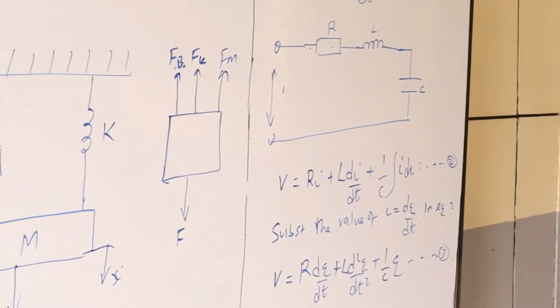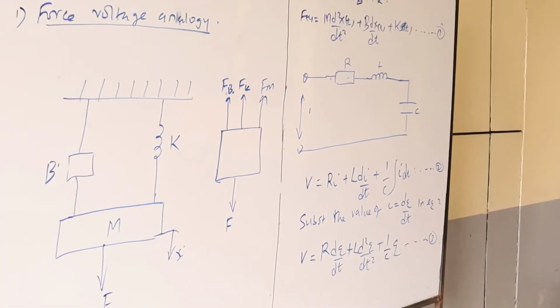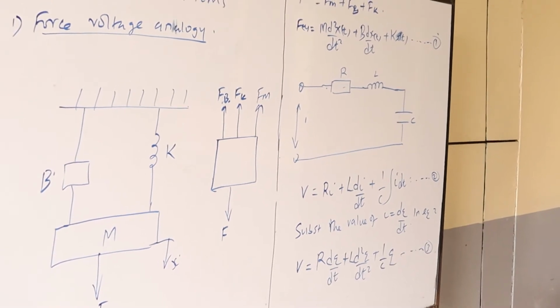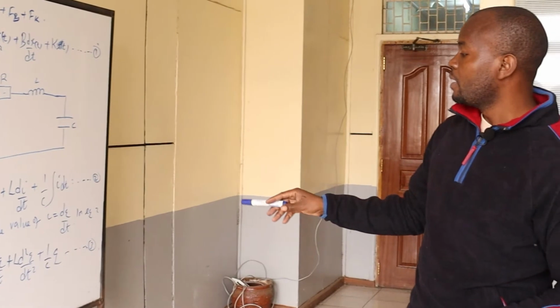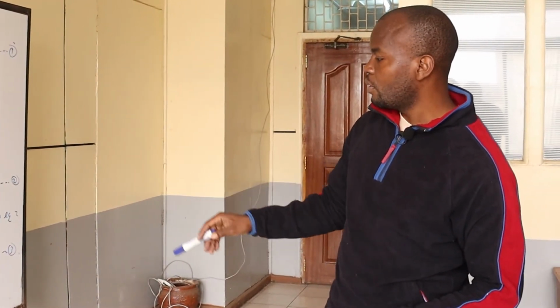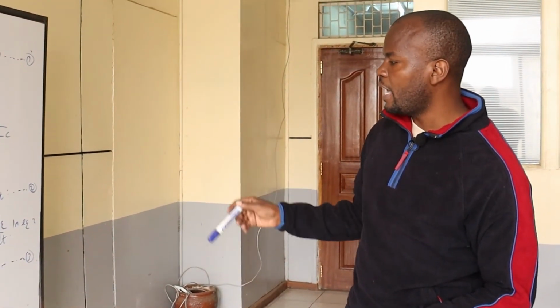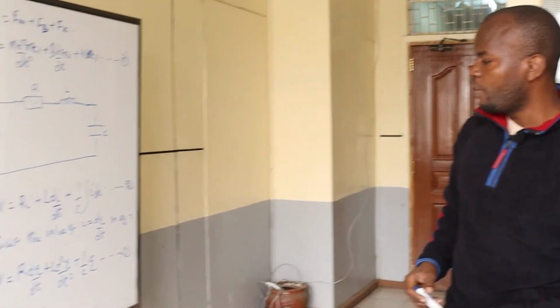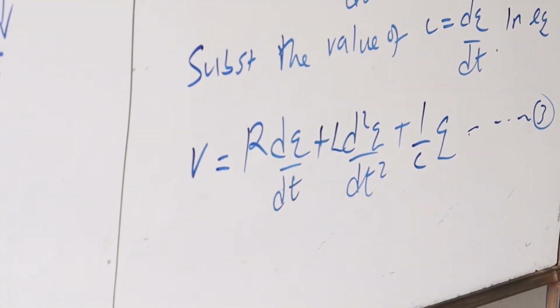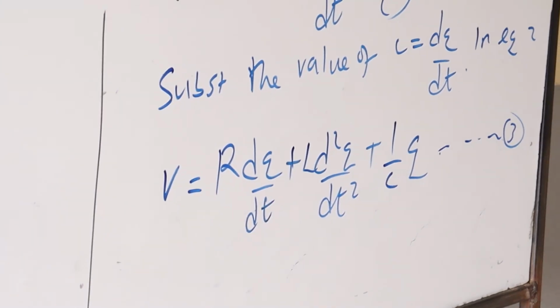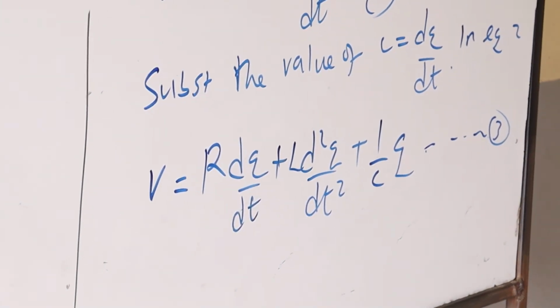This can be summarized by a table. You can see that L d squared q over dt squared represents a second order term, so we can form a table to see how the systems are analogous.